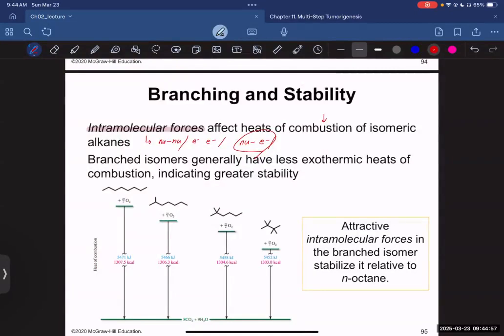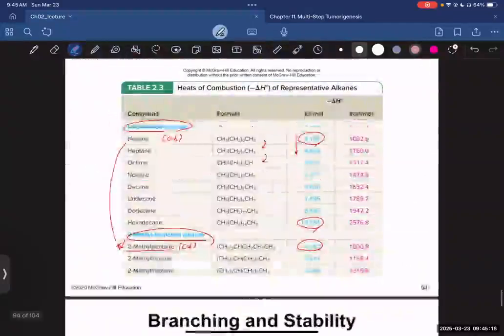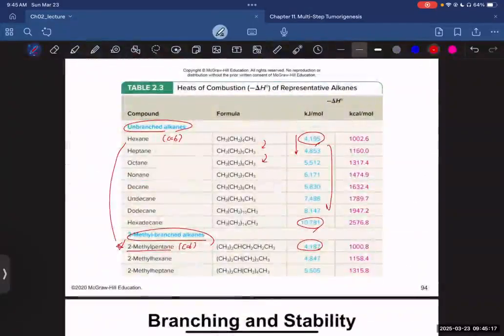Those do play some minor effect in causing these branched molecules to be more stable. But that's not going to be the major reason the heats of combustion differ. The major factor is indeed the increase in the number of carbons attached to that alkane.